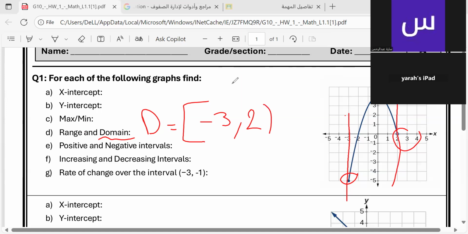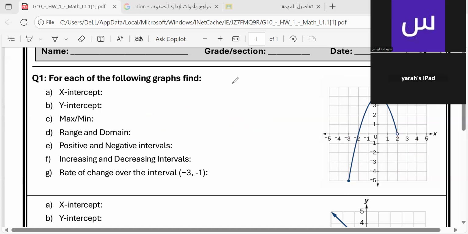Okay. But teacher, I have a question for the maximum and minimum. You can go. For maximum and minimum, what I know is, to find the maximum, the teacher told us that when you go from here to here, and then it's 4, okay, and then you go down and then it's 0.